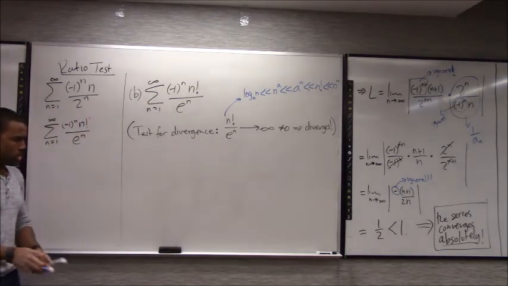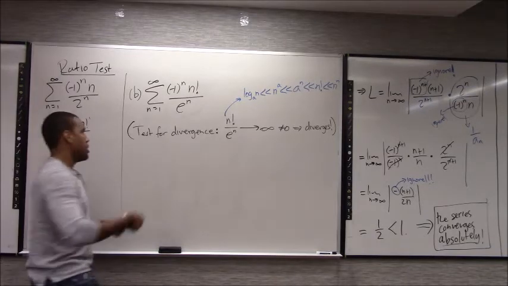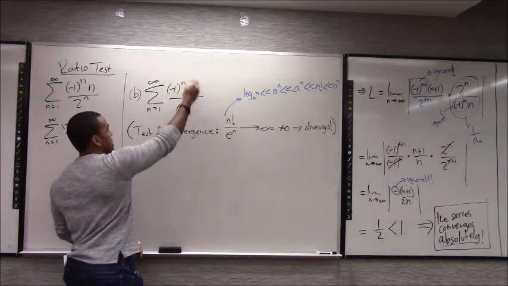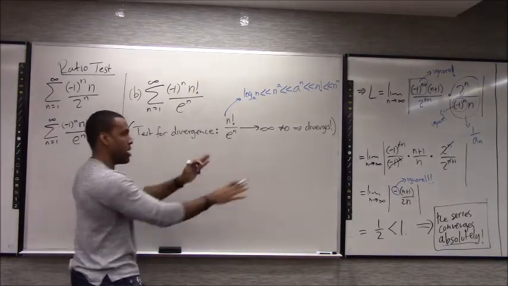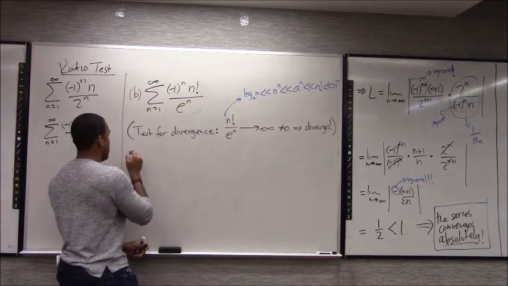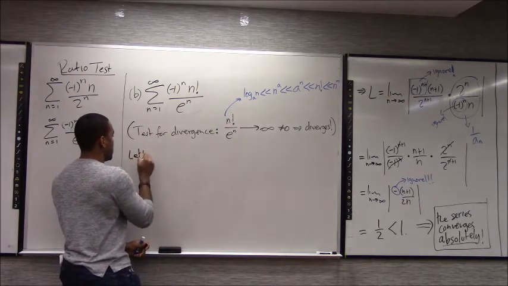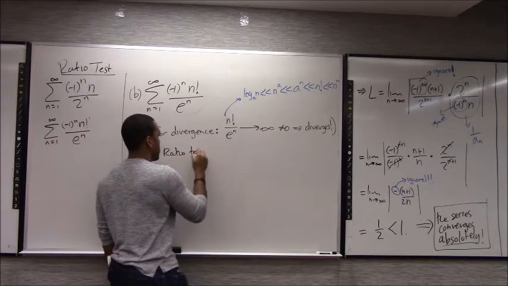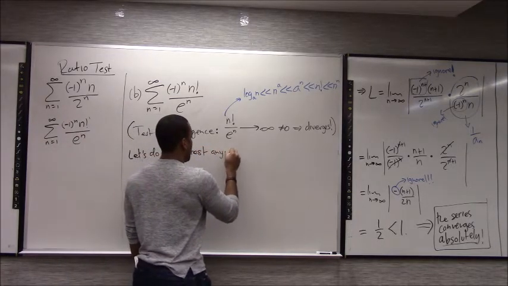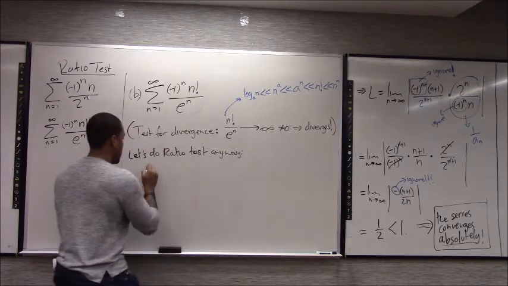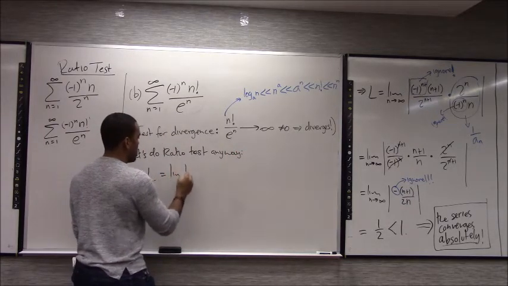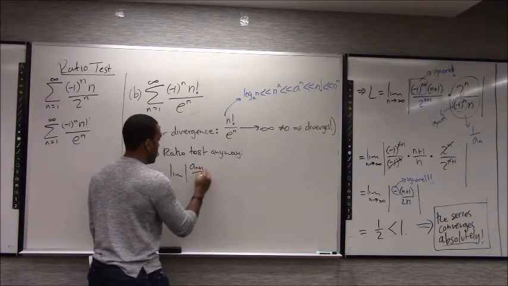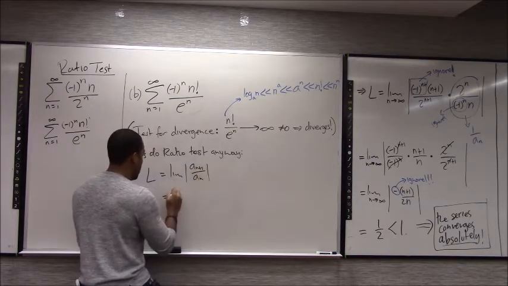But let's go through the motions anyway, just so you can see how a factorial would behave under this kind of scheme. Let's go through the motions. So you're going to set up L equals the limit of a_(n+1) over a_n, as I mentioned here.